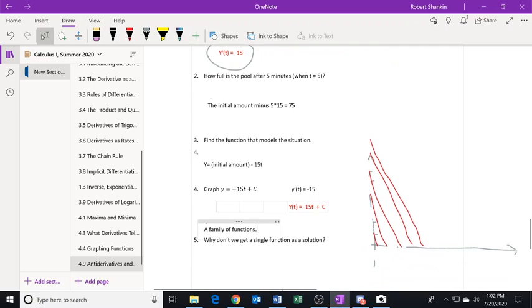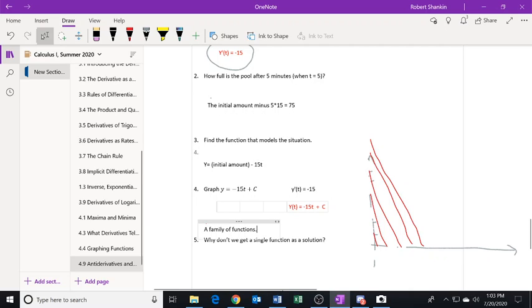If you're not given the initial condition, you get a family of solutions. And it's very different when you go backwards. When you're going from a function to its derivative, you always get one answer. But when you're going from a derivative to the original function, you're either going to have an initial condition and then you'll get one solution, or if you're missing the initial condition, you'll get an infinite number of solutions, which we call a family of functions.